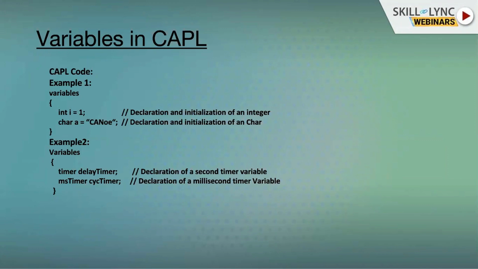The first example is normal C programming, like int i = 1, declaring and initializing an integer variable, and a character variable. All these variables are declared the same as in C programming.